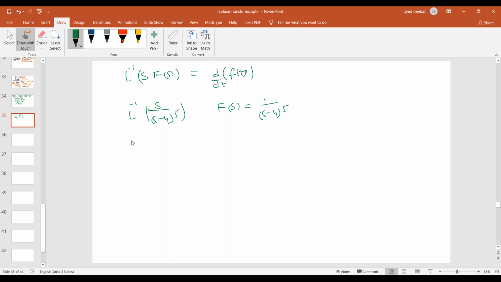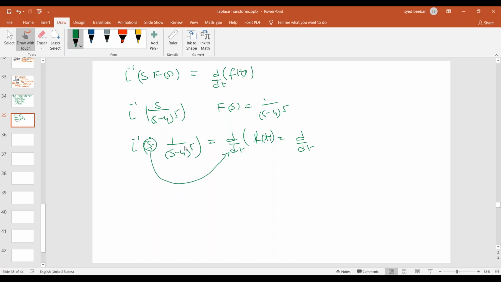So L inverse of s times 1 by s minus 4 whole power 5 is d by dt of f of t, which is equal to d by dt of, because this s indicates d by dt here.